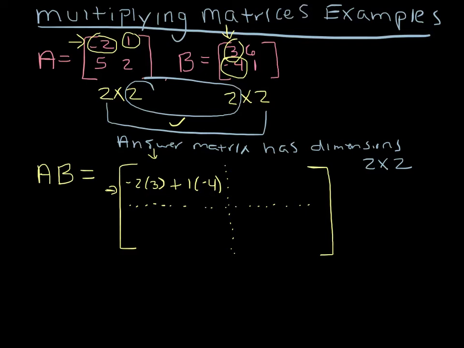Let's switch colors here, and let's do row 1 of matrix A times column 2 of matrix B. That's going to give me my answer in row 1, column 2 of AB.